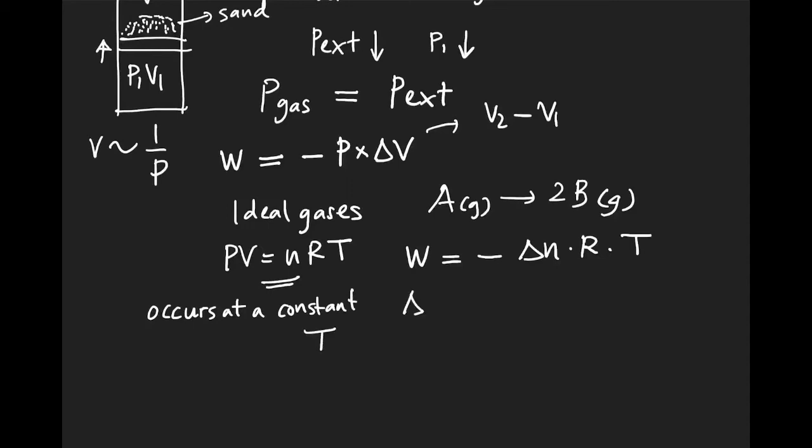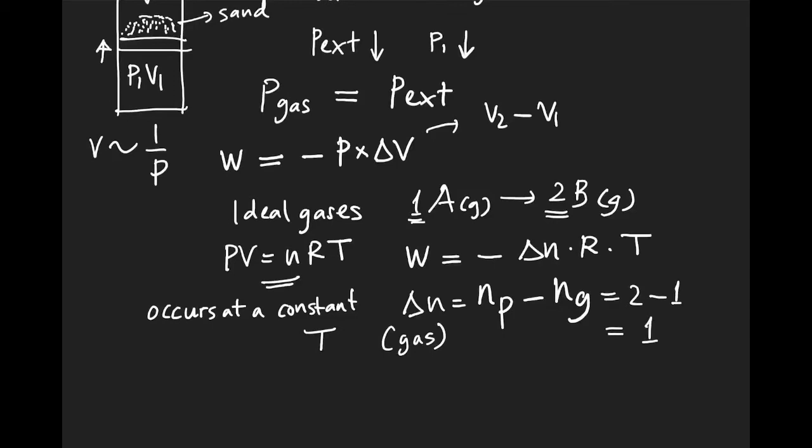The delta n will be only for the gas, so anything in gas phase, and you take it from the products minus the gas in the reactant. In a reaction like this, you can immediately use the stoichiometric coefficient. So in this case, it's going to be 2 minus 1. So the delta n will be 1.